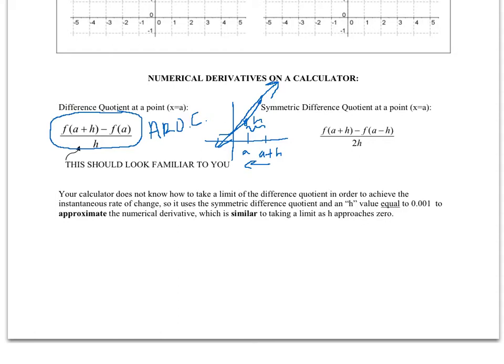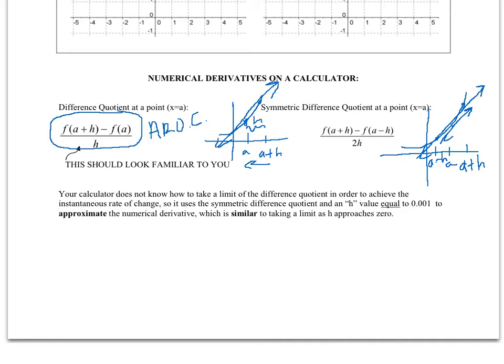The symmetric difference quotient is exactly what it sounds like. If your point is A and you've got a curve and you're technically trying to find the slope at that point, you'd move over an amount A minus h and an amount A plus h, and that's going to be much more accurate to the tangent at A than just using A and a point to one side of it. It narrows it out.